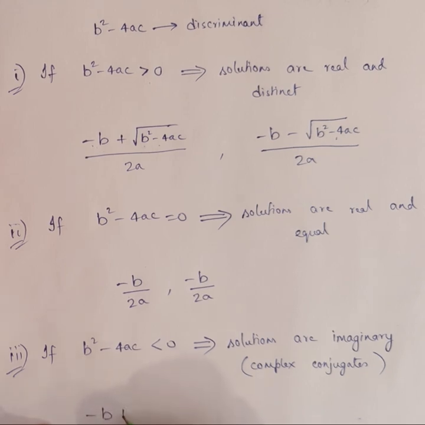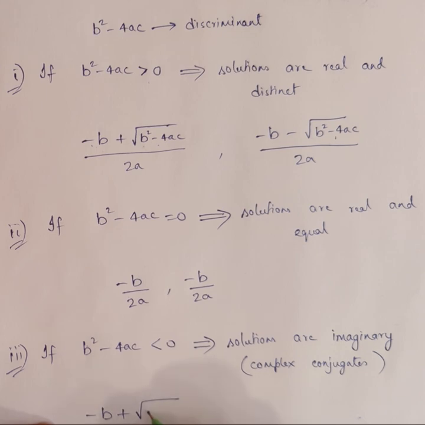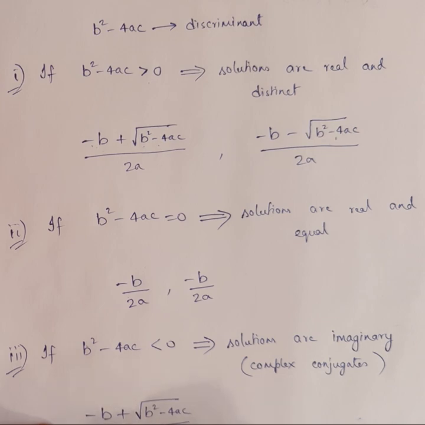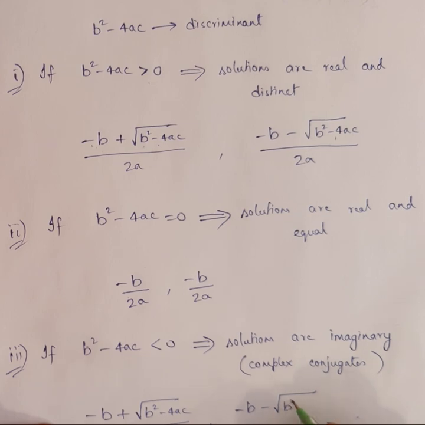Negative b plus the square root of b squared minus 4ac over 2a, and negative b minus the square root of b squared minus 4ac over 2a.